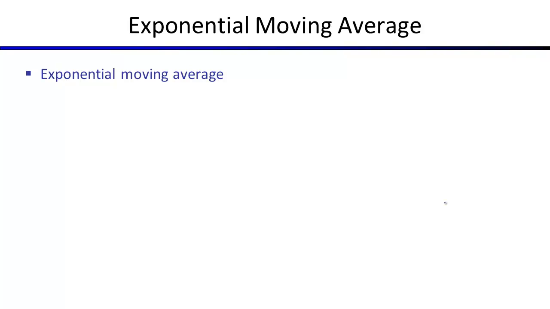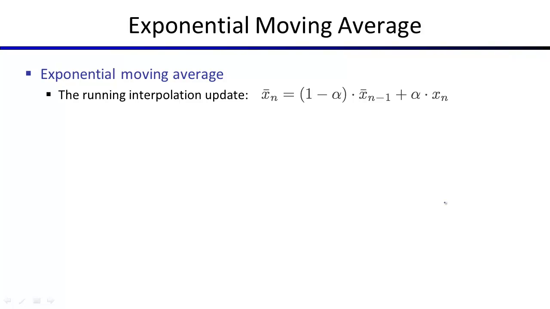All right. Now, what's happening here is not an actual average, because we're weighting by 1 minus alpha and alpha. It's an exponential moving average. This is the type of update we're looking at. The new average after n samples is 1 minus alpha times the current average after n minus 1 samples, plus alpha times the new sample x_n.